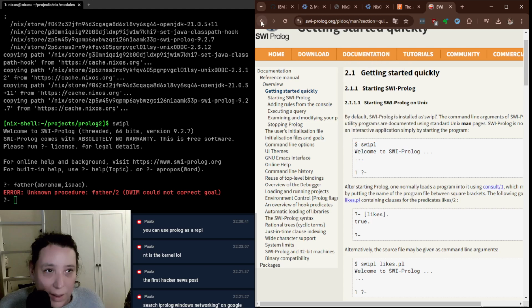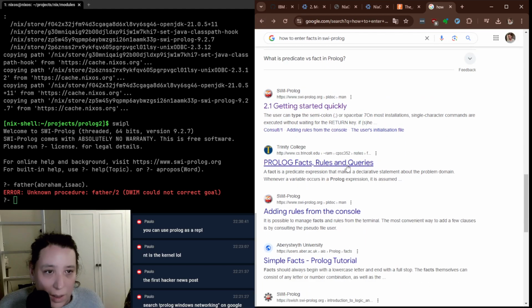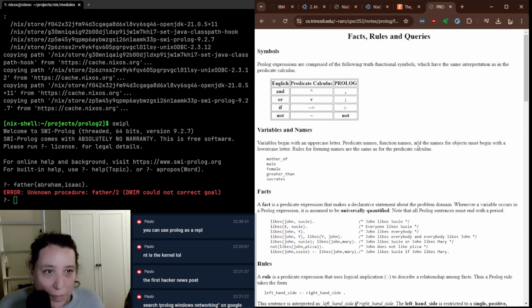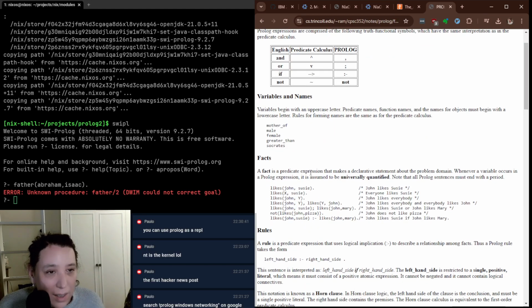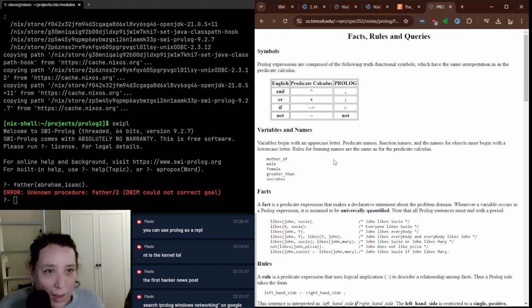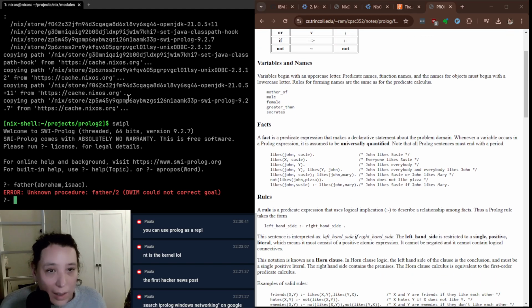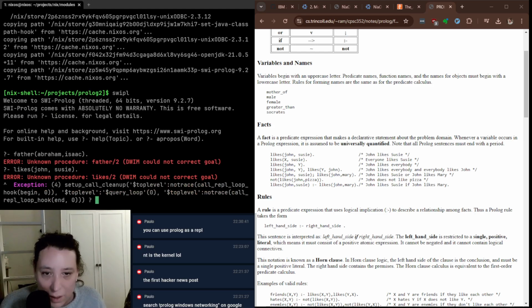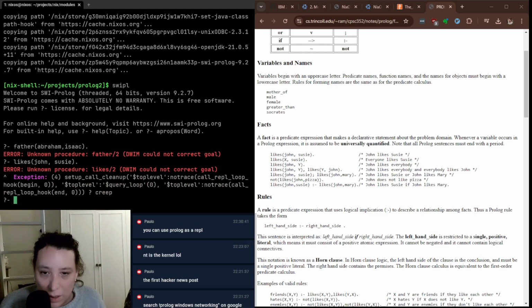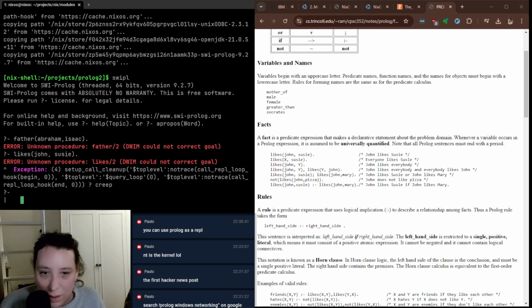Documentation, like, What the fuck is this? Oh là là, oui. doesn't it seem like I should be able to type in likes Oui, John, comma, Susie, just like they say here? J'ai vu, je me suis dit, c'est quoi ce truc? J'ai pas Creep, des what? noms de gemmes, livraison.